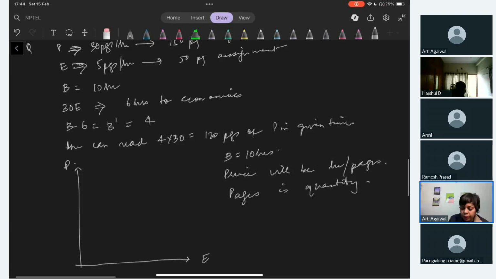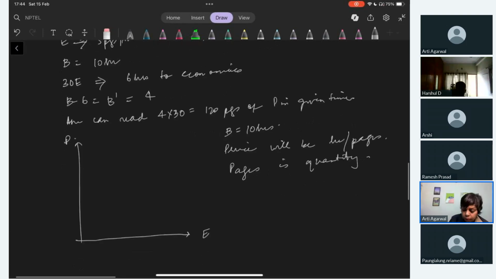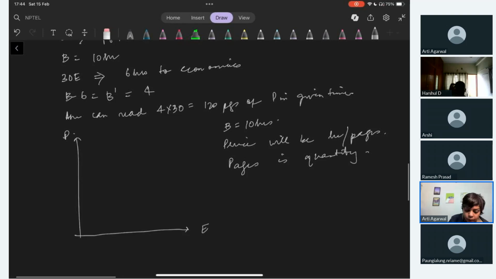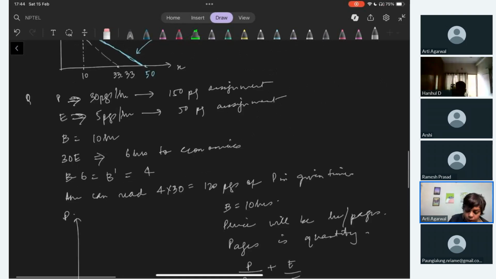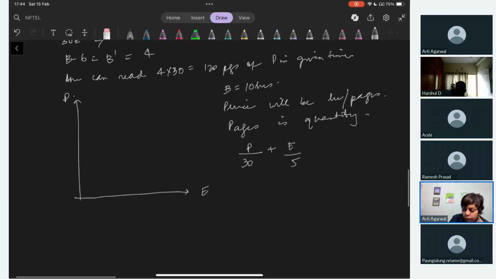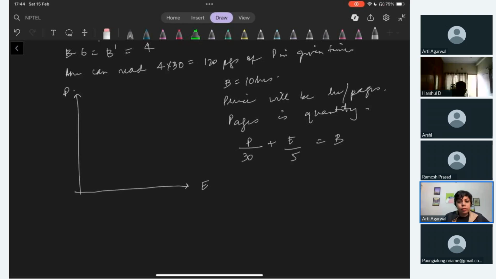So now you can write the broad budget equation, which is P by 30 pages of P plus E by 5 is equal to B. Does this make sense? The pages cancel out, hour remains. The total equation is in the units of time, which is hours. So this is your broad budget equation.